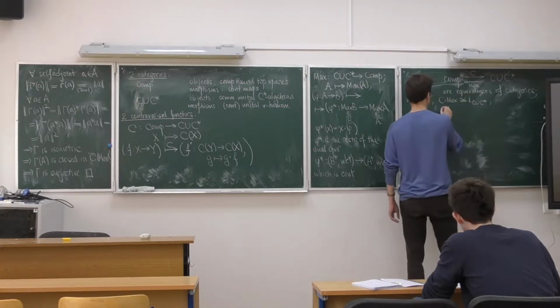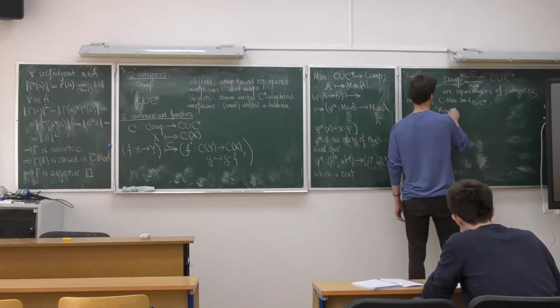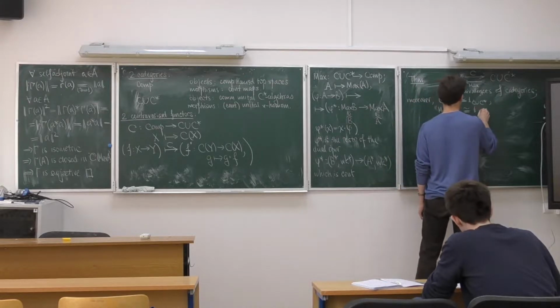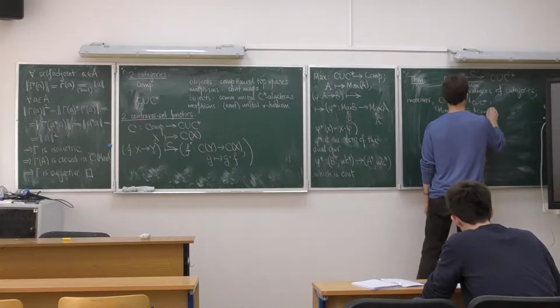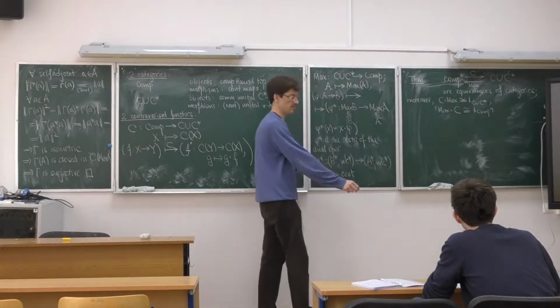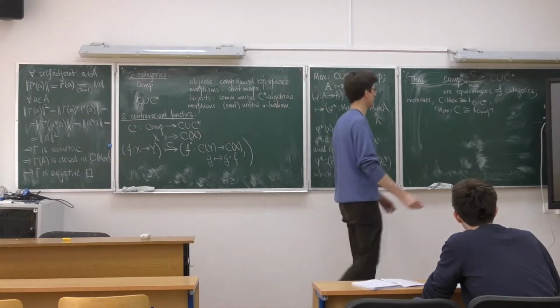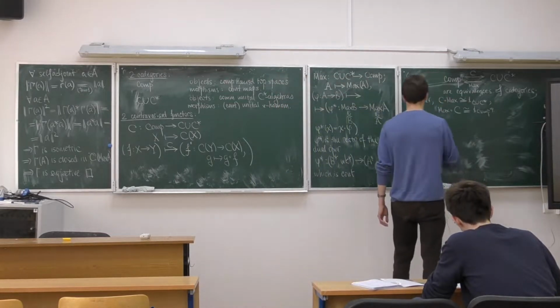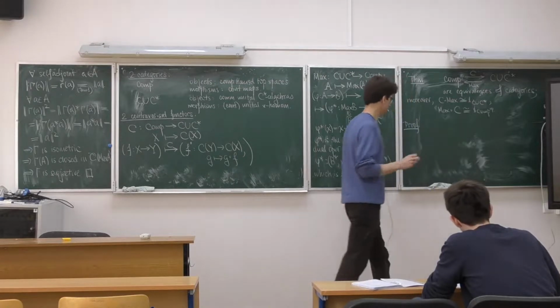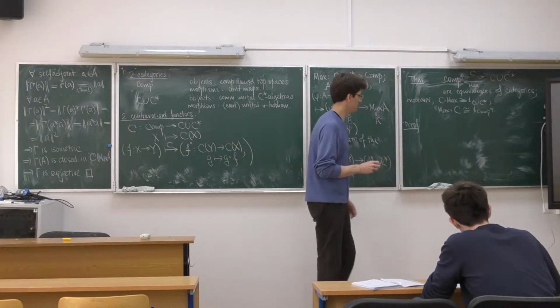And if we compose them as follows, max and C, this is isomorphic to the identity functor on the dual of the category of compact spaces. So they are equivalences of categories. The proof is more or less immediate from the Gelfand-Naimark theorem and from what we already know.